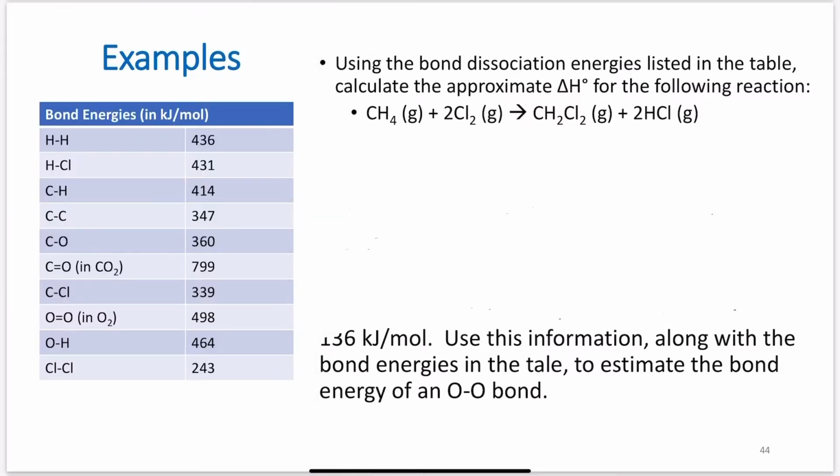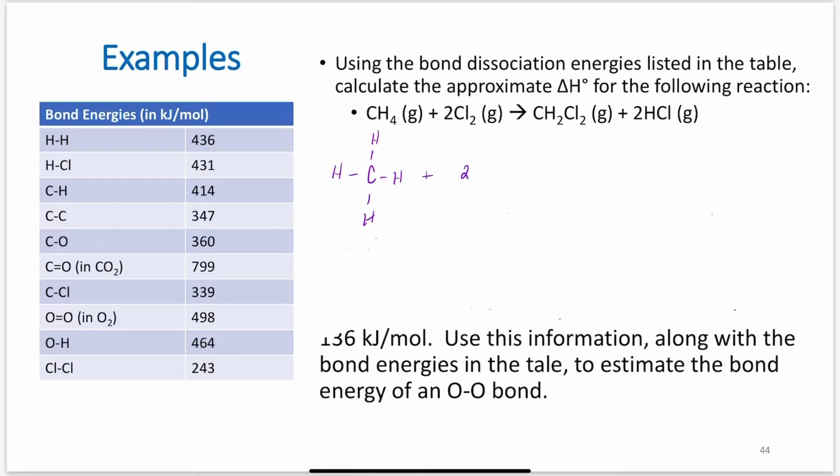Use the bond dissociation energies listed on the table to calculate the approximate delta H for the following reaction: CH4 plus 2Cl2, giving me CH2Cl2 and 2HCl. The easiest way to do it is to redraw your balanced equation, but with the Lewis structures of each reactant and product shown. Methane looks like this.